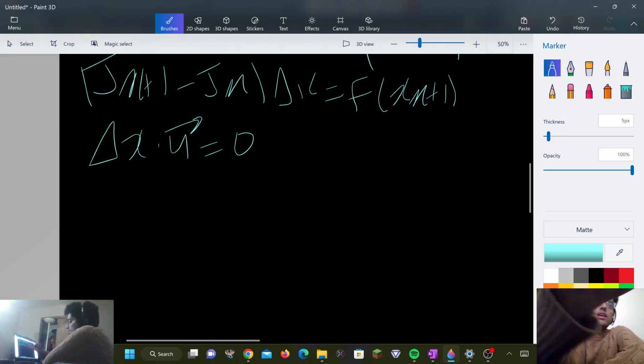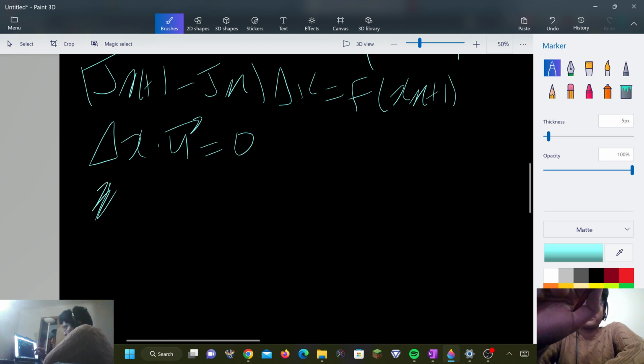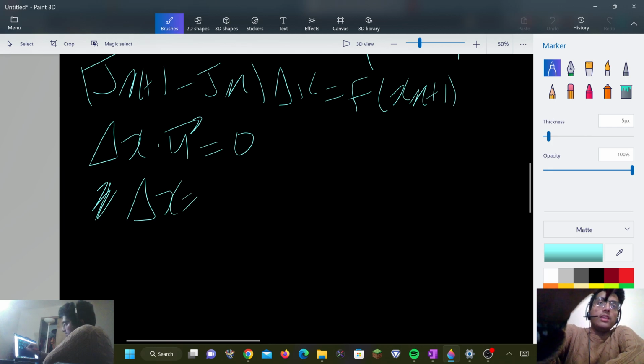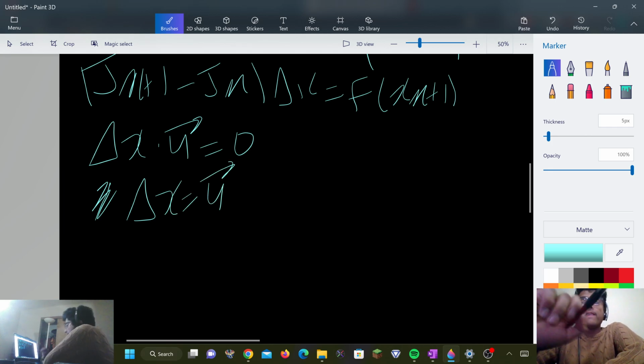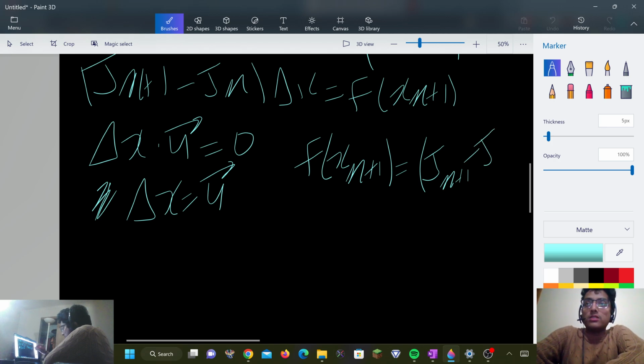In such a case, where delta x equals u somehow, then this expression, f of x sub n plus 1, equals (J sub n plus 1 minus J sub n) times u, because we're just substituting.